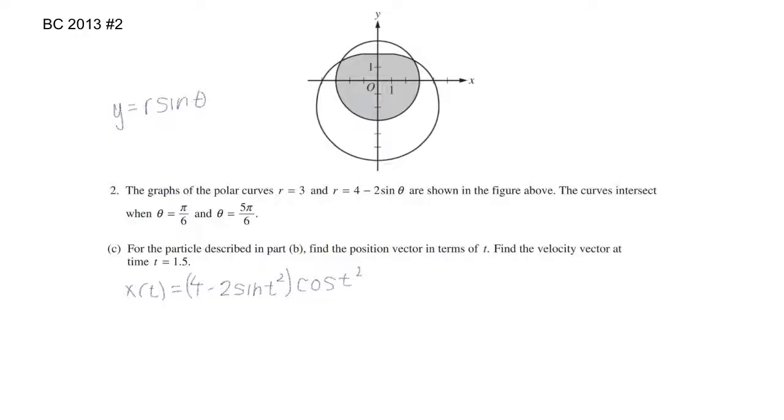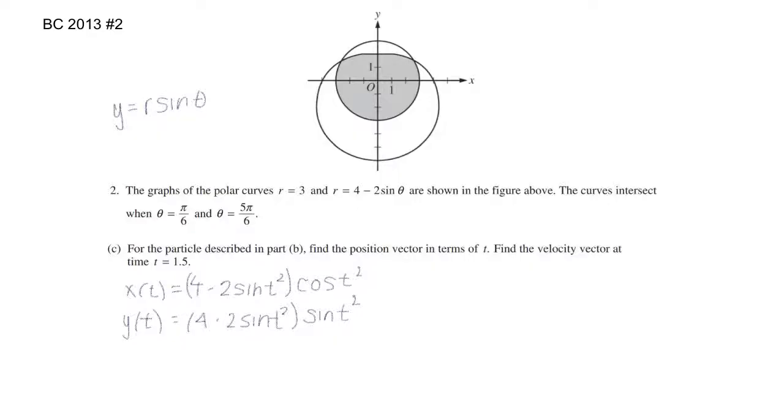So my y position, if I plug in that r value, is going to be 4 minus 2 sine t squared times sine of t squared, because there's my r value, and then I make that substitution.